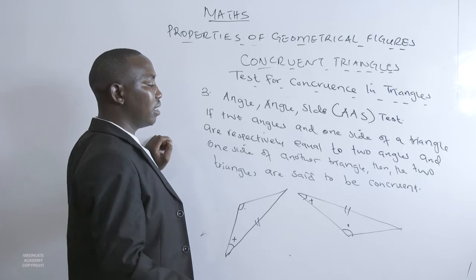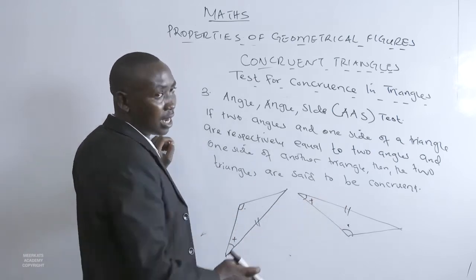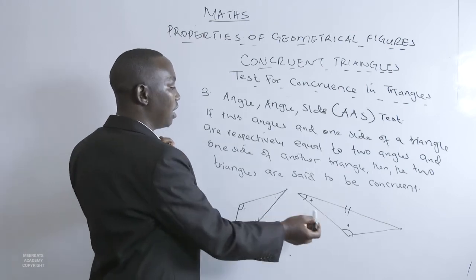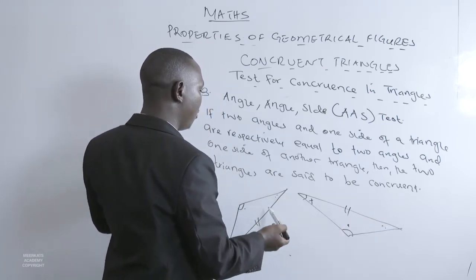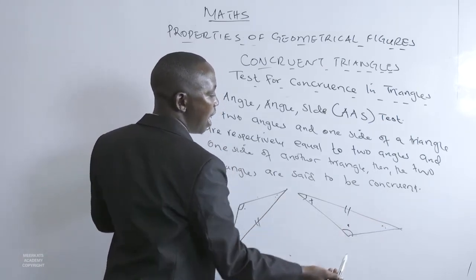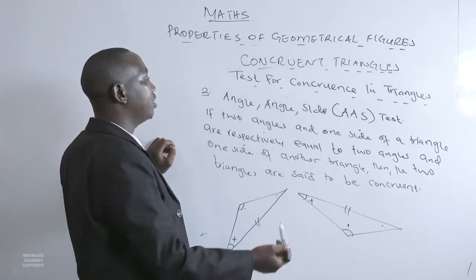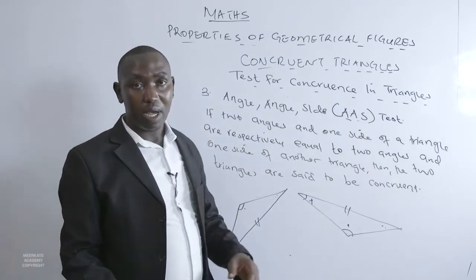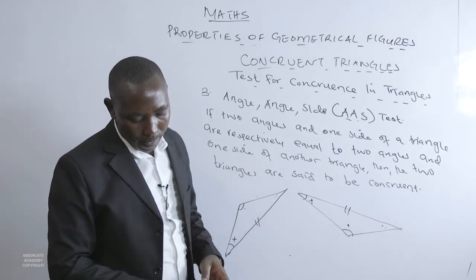So with this again, if two angles and a side are equal, then that will automatically tell you that the third angles are going to be equal, and therefore this side and this side are going to be equal. And under this angle side, we can term these two triangles as being congruent.